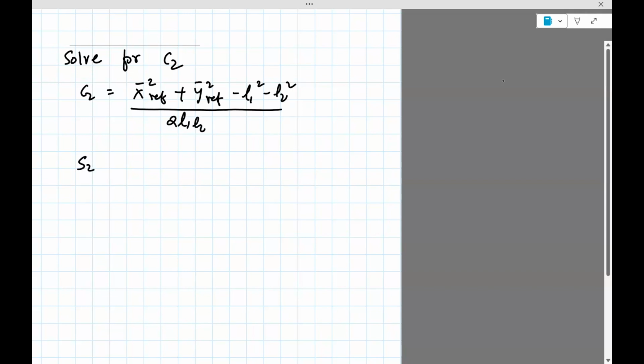And then S2, the sine, is plus or minus the square root of 1 minus C2 square, where I've used the identity that C2 square plus S2 square equals 1.